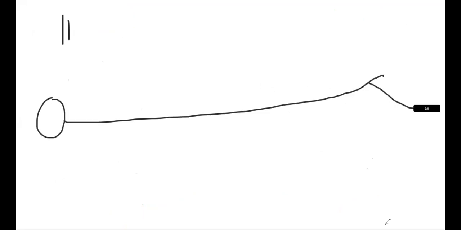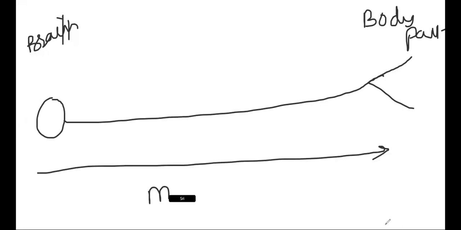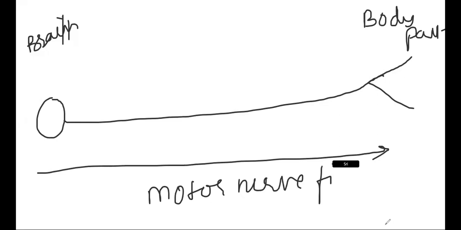That means if I talk about a neuron, if it is brain and if it is body part, simply we say this is brain to body part. It will become only motor nerve fiber.